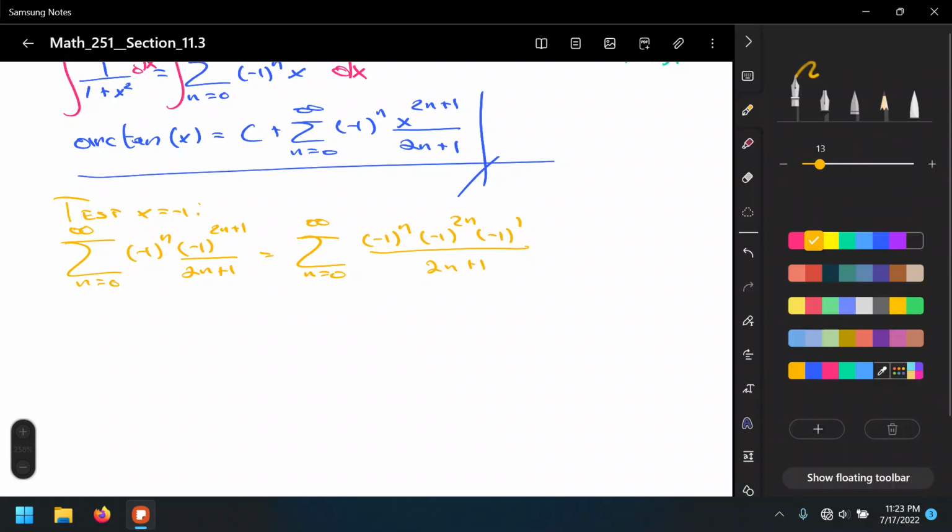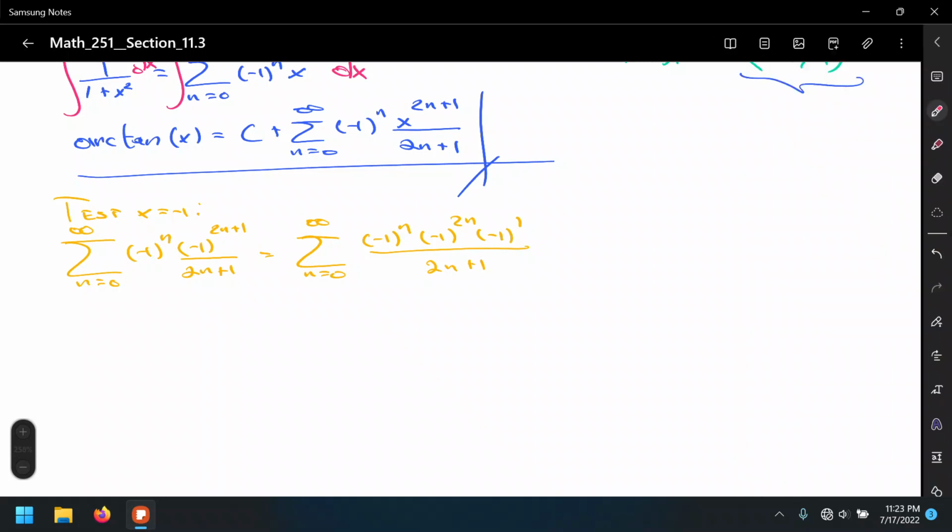Now, notice this (-1)^(2n). In this case, we're always raising -1 to an even number, regardless of what n is, so that will always be 1.